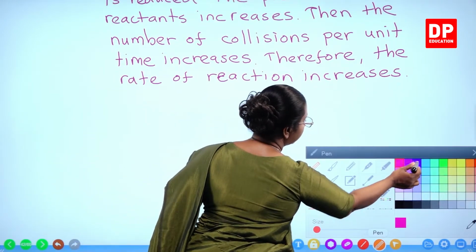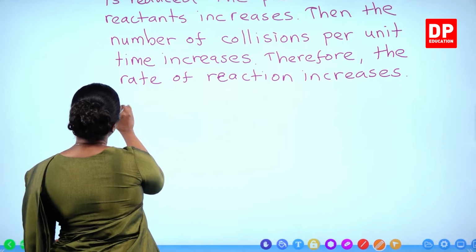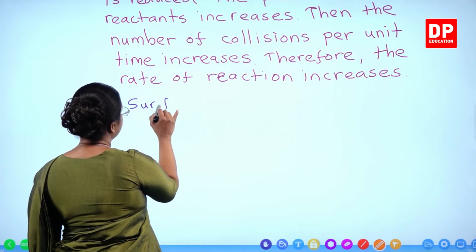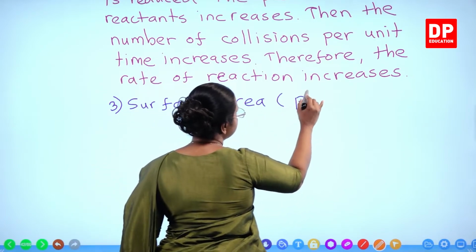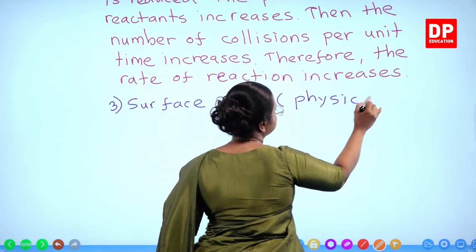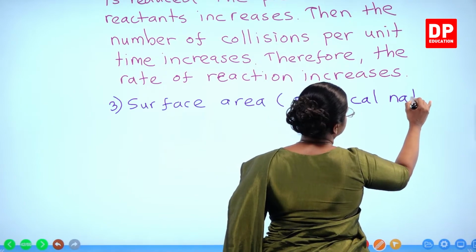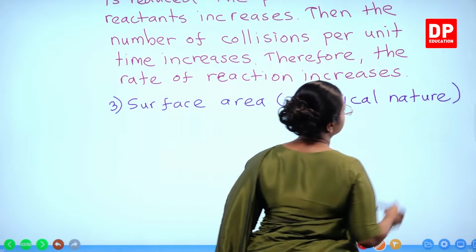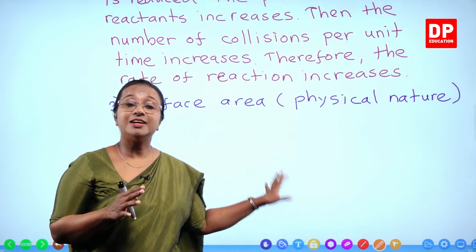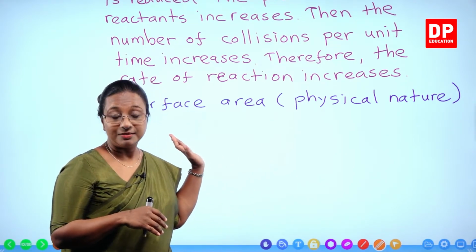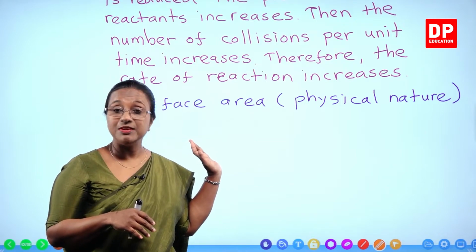The third factor, that is the surface area. Area of physical nature. So here students, I am writing it according to the order of the factors that I wrote for the previous question.